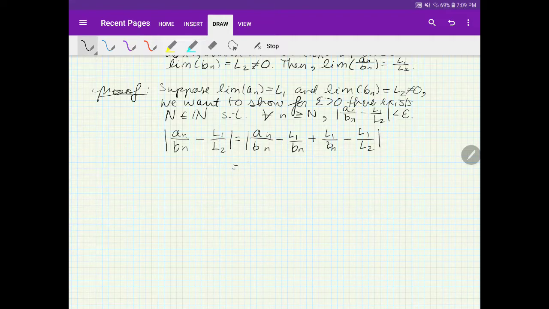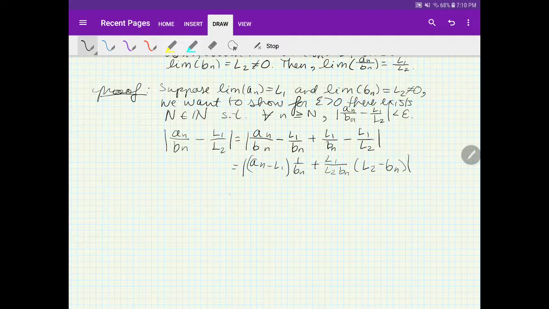So then with a little bit more algebraic manipulation, you get a sub n minus L1 times 1 over b sub n plus L1 over L2 times b sub n times L2 minus b sub n.